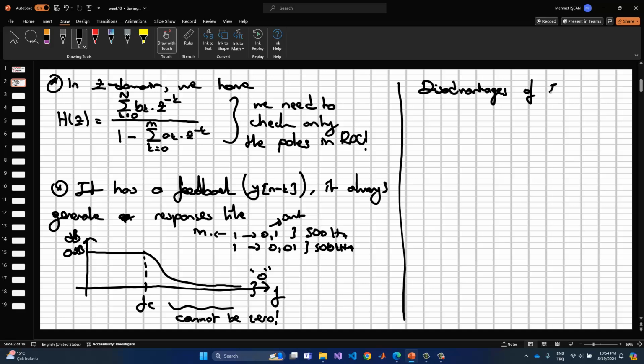Okay, first of all we need to write that we cannot easily build linear phase, causing timing problems in here.